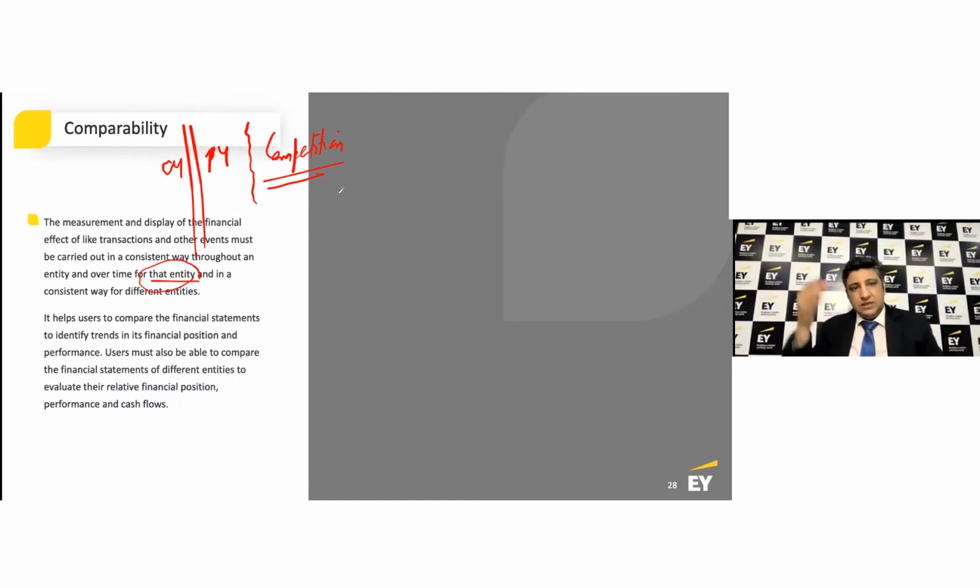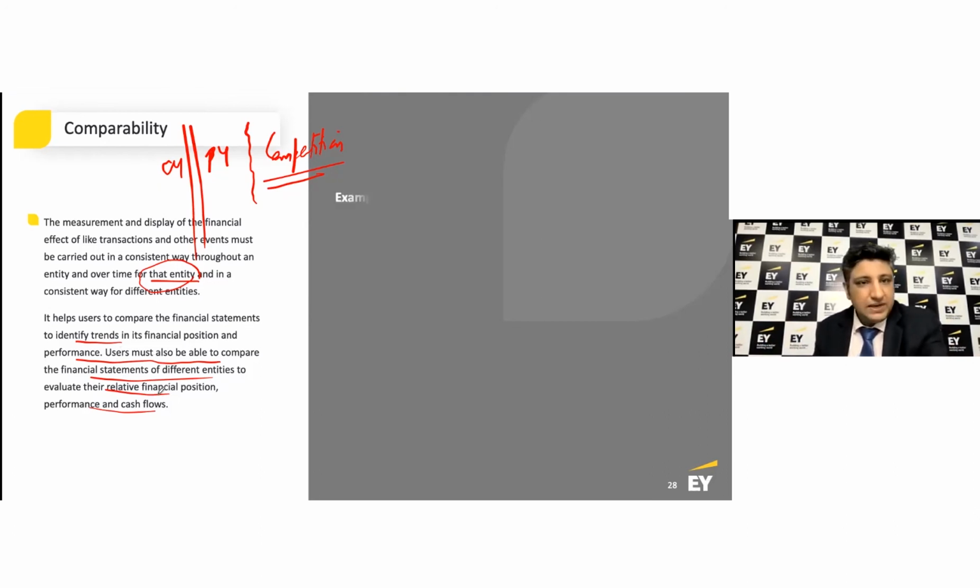You cannot just keep on playing around with the presentation side of it. You cannot, for example, be allowed to use different accounting policies in different years, because the comparability would be affected. The comparability is very much required because people would like to make an assessment of how it has been going, how's the trend, for example. And that's the reason why the comparability and the standardization of the presentation and the accounting policies has to be ensured by the entities.